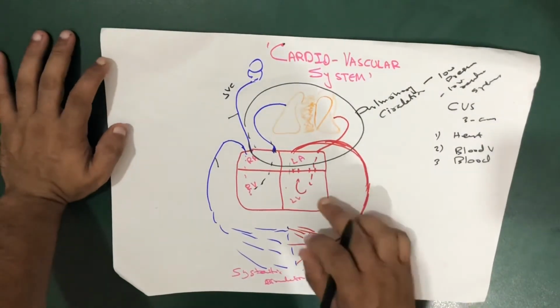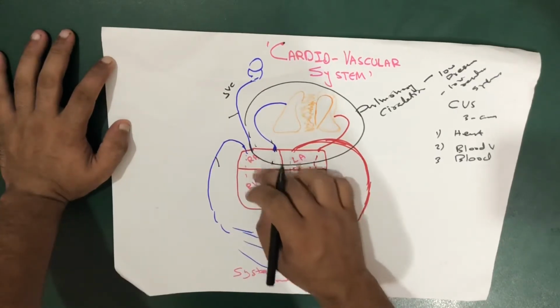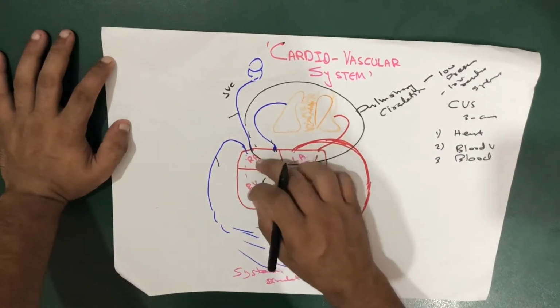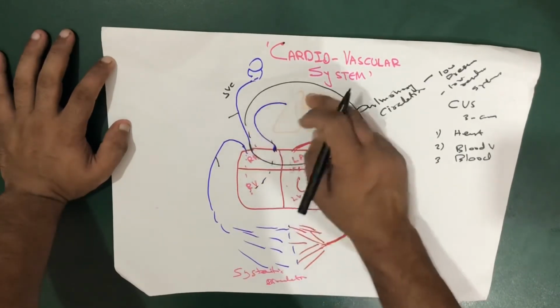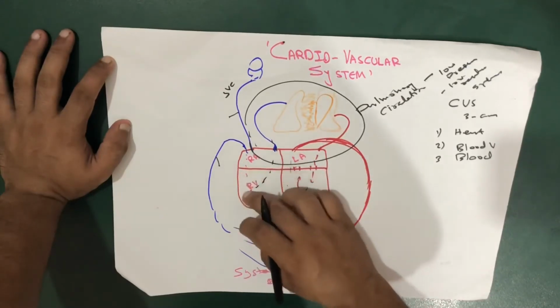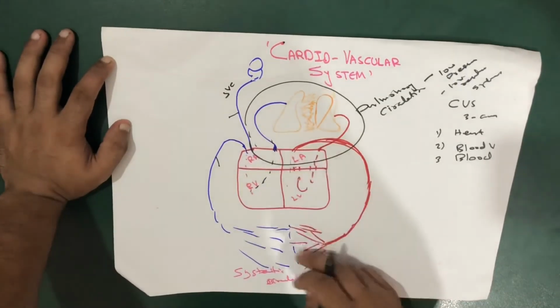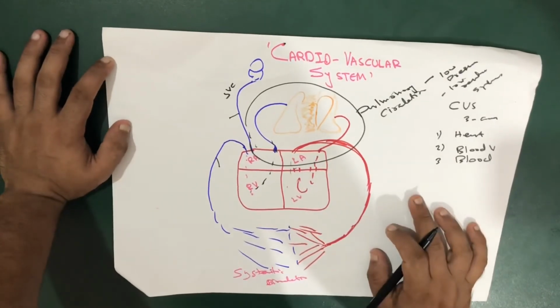That's because the left heart has to pump the blood into the whole body, but the right side of the heart is not that thick, because it does not pump the blood through the whole body. It just pushes the blood towards the lungs. The lungs are near, so it's easy to come back. That's why it's low pressure and low resistance, but the systemic circulation is high pressure and high resistance.